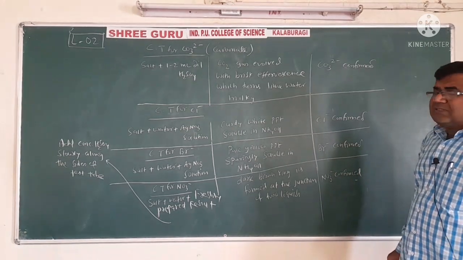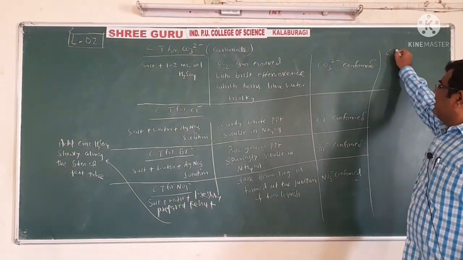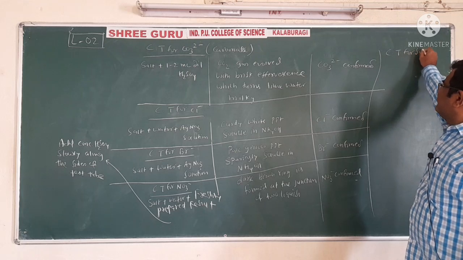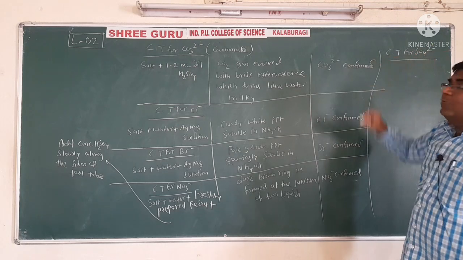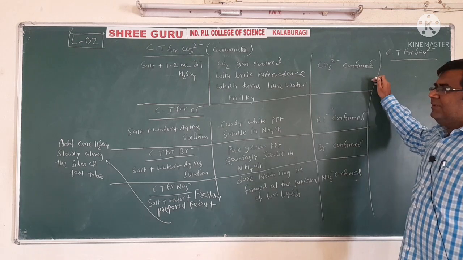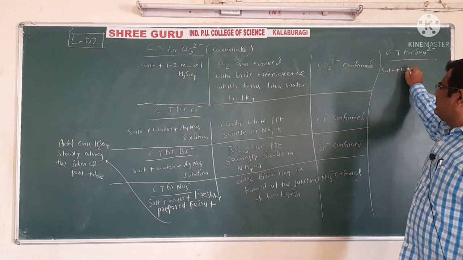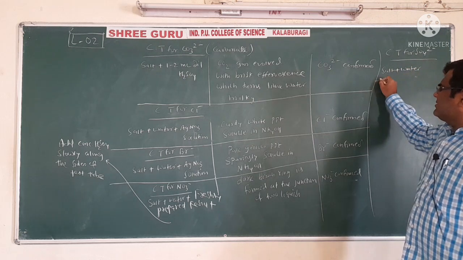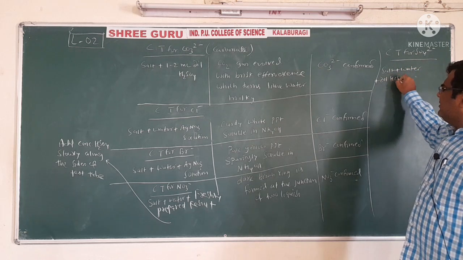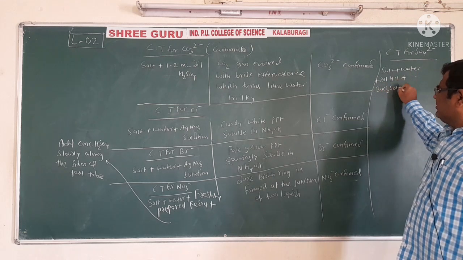Now the last confirmatory test is for sulfate. So I can write here CT for sulfate, which is present in group number 3. In the test column, I have to write the salt plus water plus dilute HCl plus barium chloride solution.